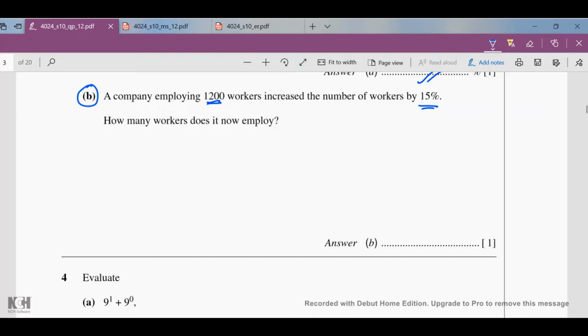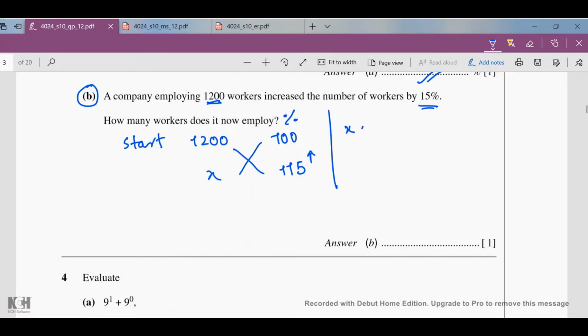So in the beginning, 1200 people we will consider as 100%, and after an increase of 15%, this 100 will become 115. When it is increased by 15%, this is x. This is the normal method to find it.